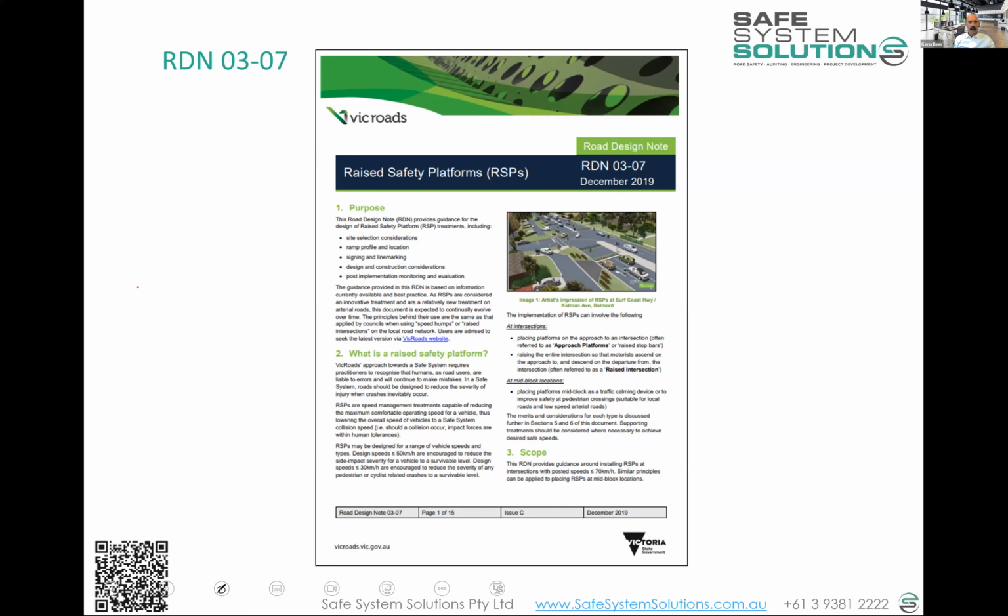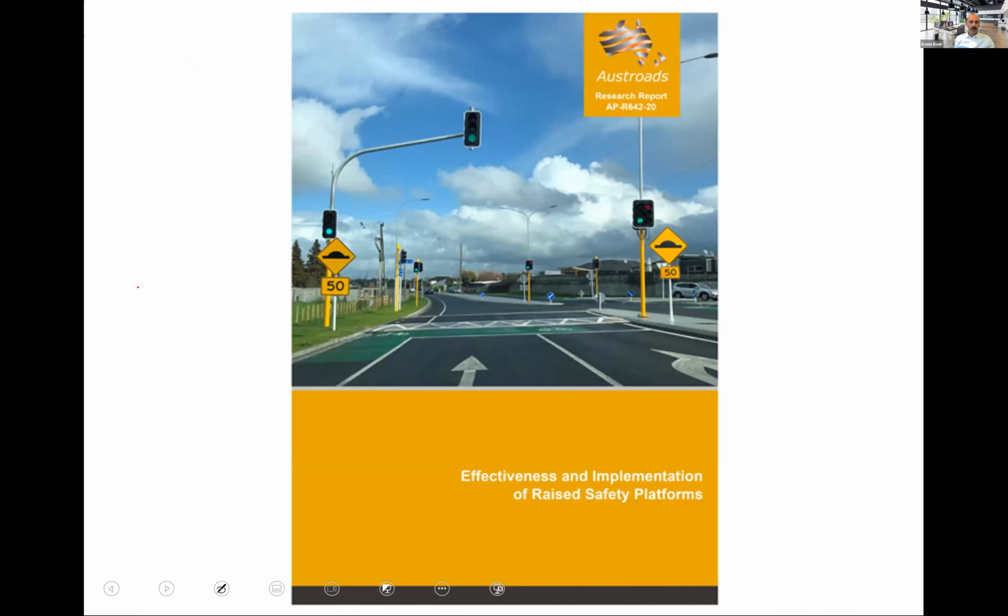I'm going to point you at Road Design Note 0306 out of VicRoads, or our DOT, which has some really good design information. But I'll also point you at this document, the effectiveness and implementation of raised safety platforms by Austroads. It's got an example there of the New Zealand one on the front, because they're doing quite a number of these. It's got lots of other examples and goes into design specifics.